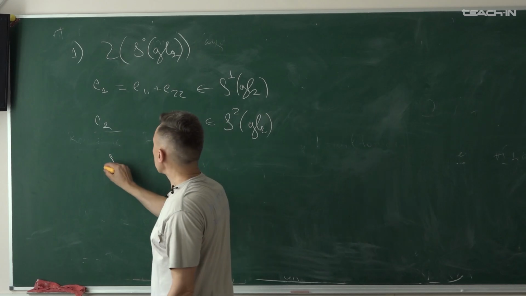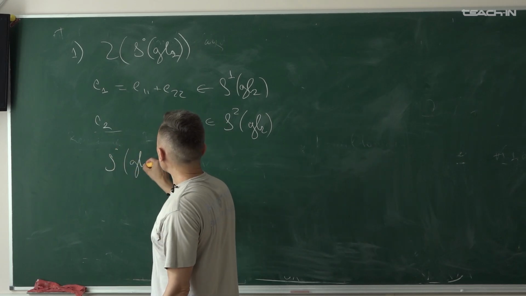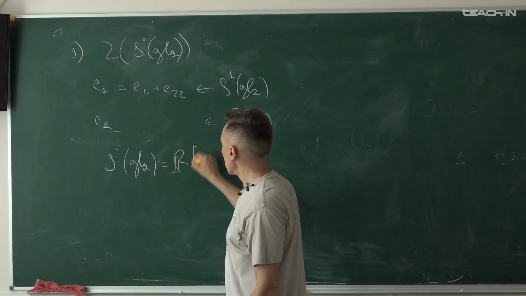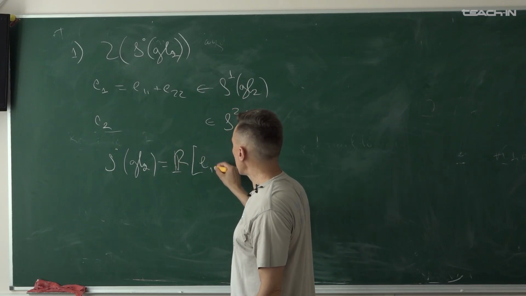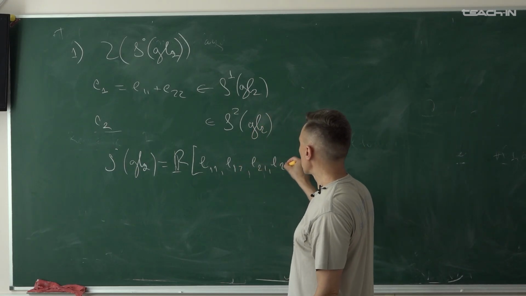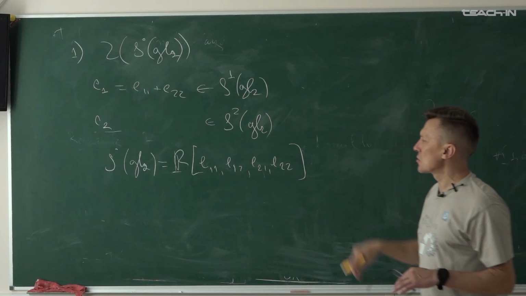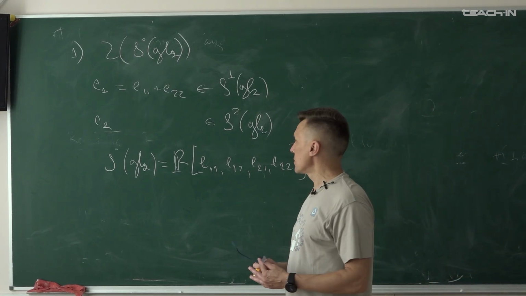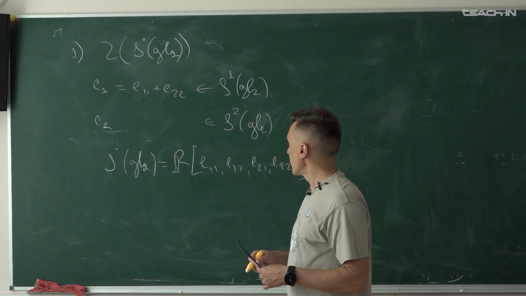You see, our algebra is just the polynomial algebra with generators E11, E12, E21, E22. So it's just a ring of polynomials on four generators, four letters.